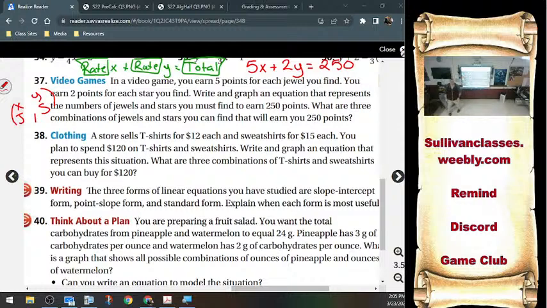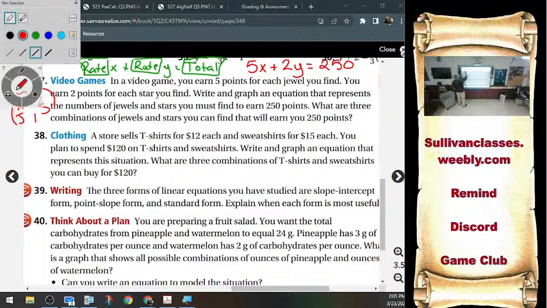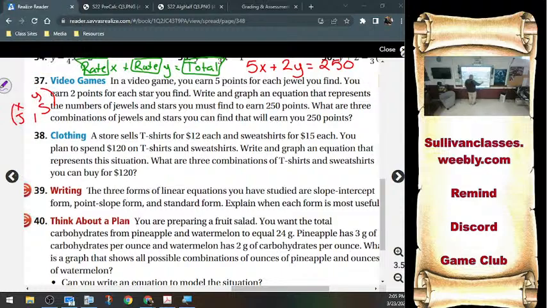Once you have that, go find your X and Y intercepts. I'm going to make just an ugly sketch of it here. If I put a 0 in for X and divide, I get a Y-intercept at 125. If I put a 0 in for Y and divide, I get an X-intercept at 50.